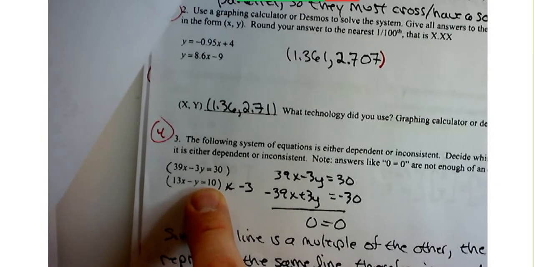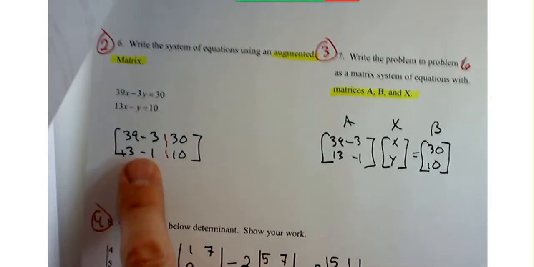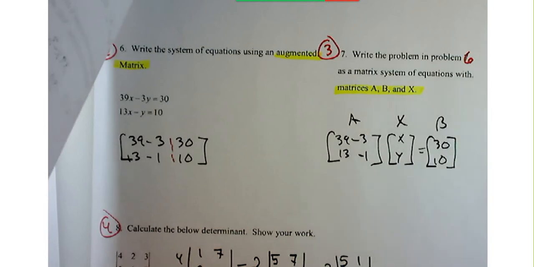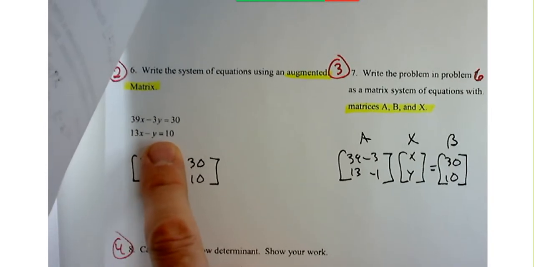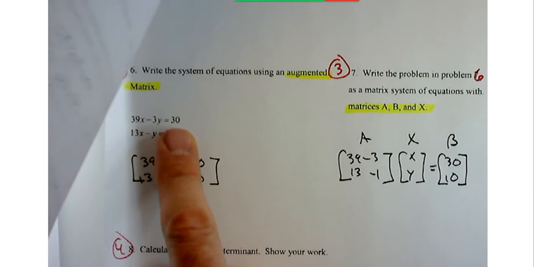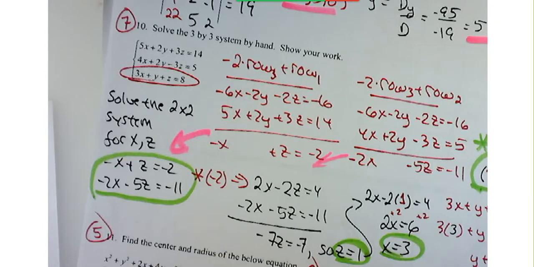Did anyone notice that? I used it three times, really. If you multiply the bottom equation by 3, you get the top equation. So it's a dependent system. It's a consistent system if what happens? What has to happen if your system is consistent?